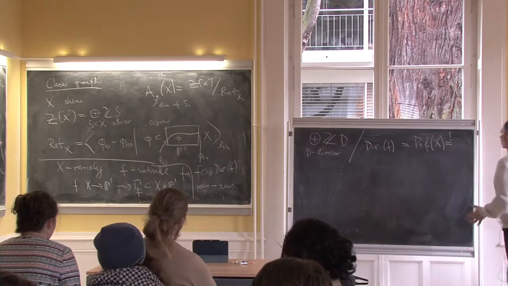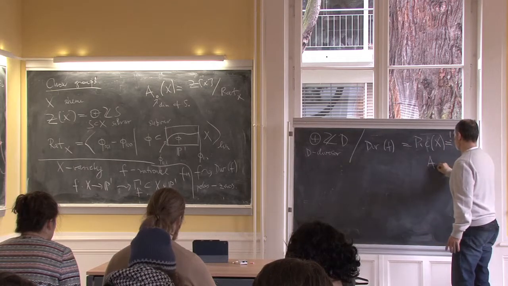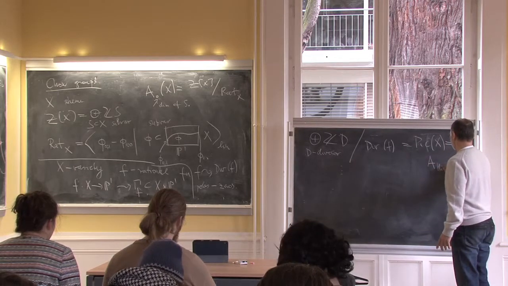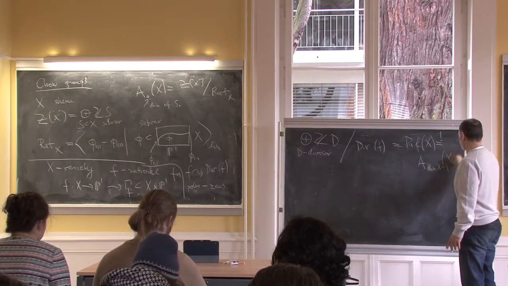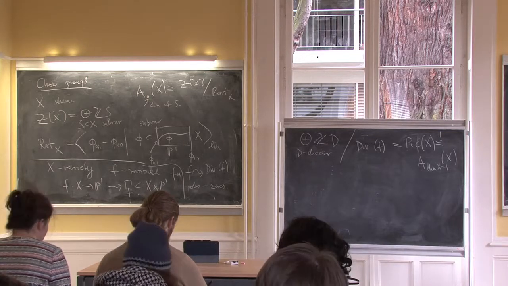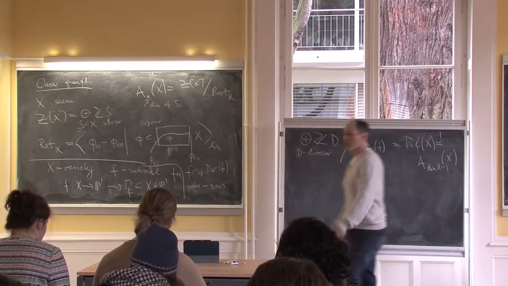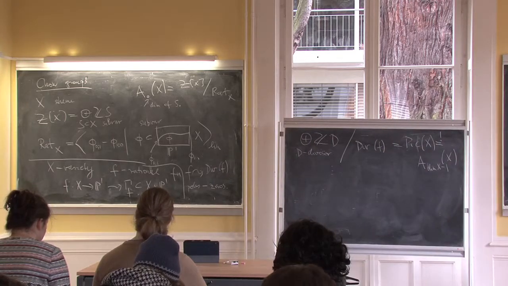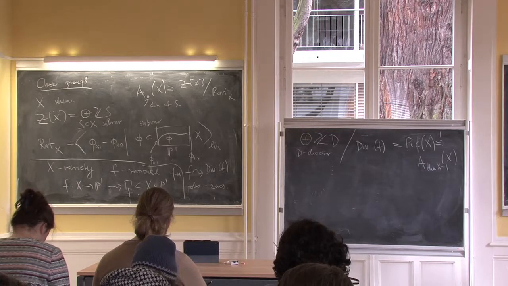All I want to say is that this Picard group is the same thing as the Chow group in codimension 1. So this equivalence of divisors is the same thing as rational equivalence. That's all.